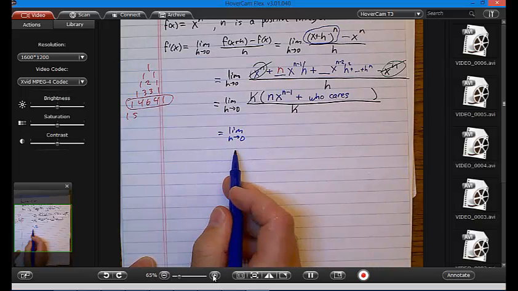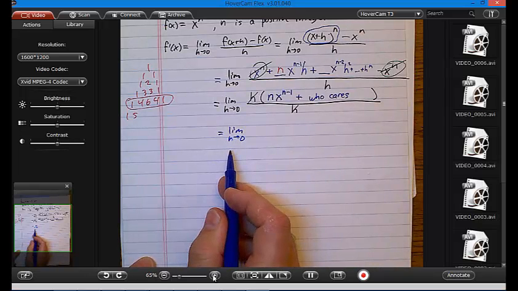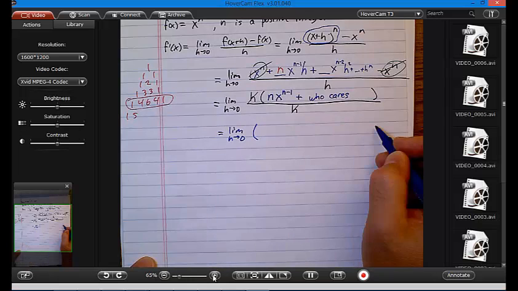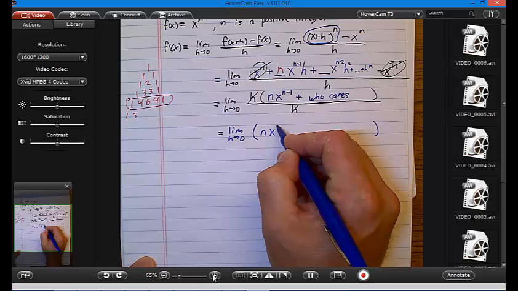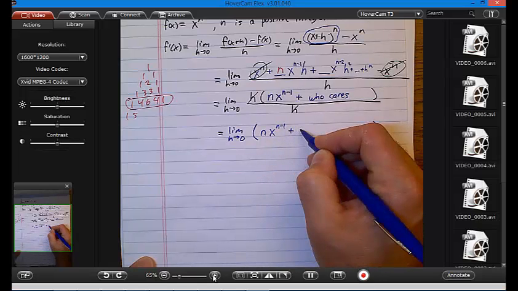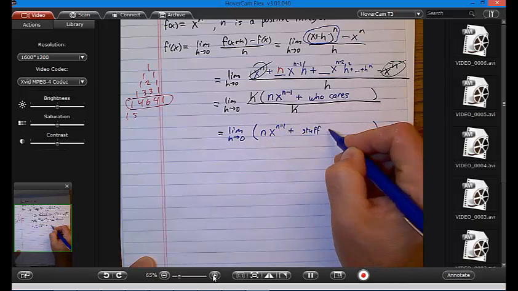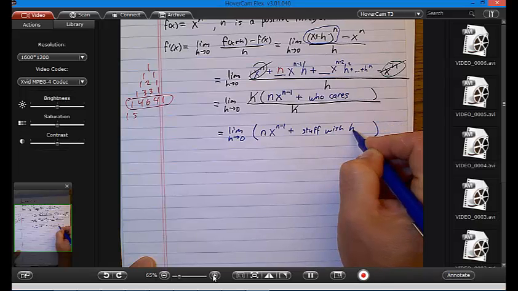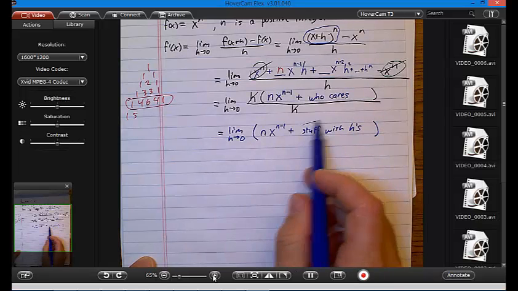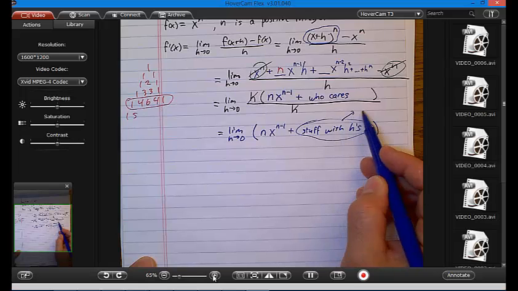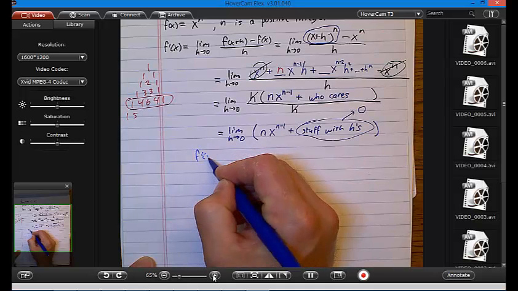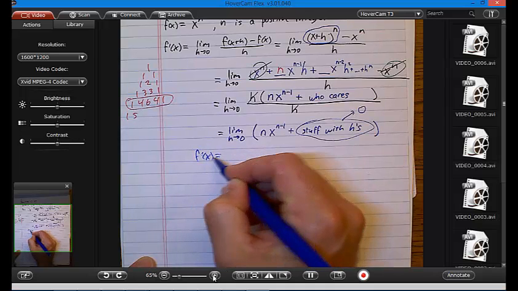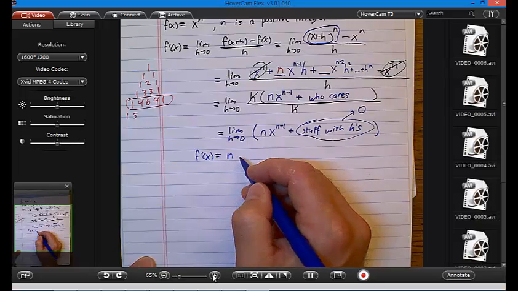We're going to take the limit as h goes to 0 of the stuff in parentheses. What's the stuff in parentheses? It's n times x to the n minus 1 plus stuff with h's. And so what's going to happen to all this stuff with h's? It's going to approach 0. And so we just computed, therefore, that the derivative must be n times what?